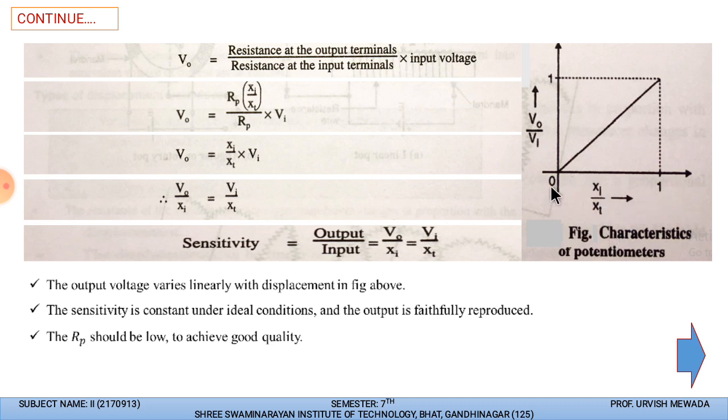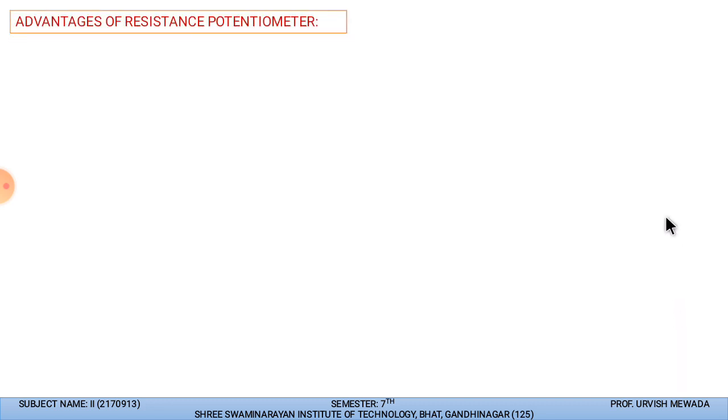So from this we can say that if the resistance R p is low, and the condition is ideal where we are measuring this, the sensitivity is constant, and we can faithfully reproduce the output. So this is how we can achieve our movement with the help of resistance.